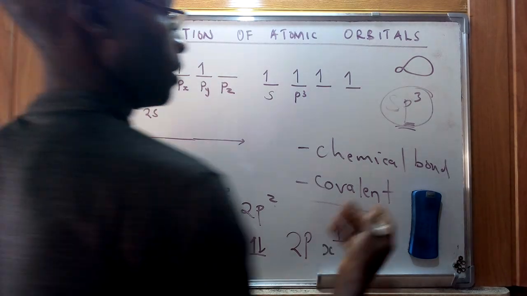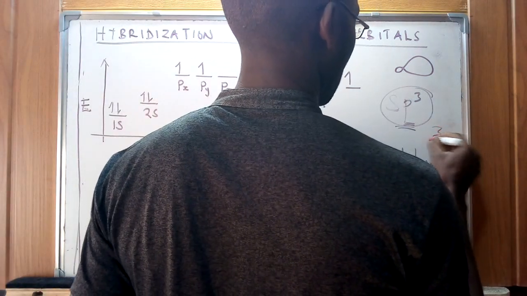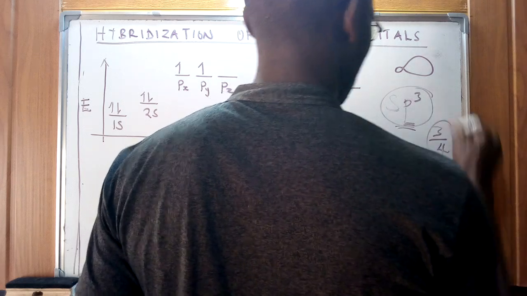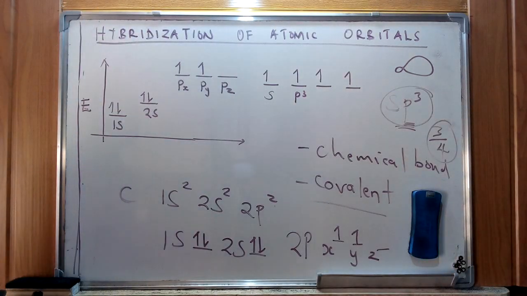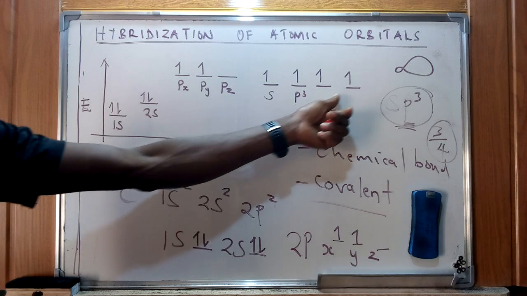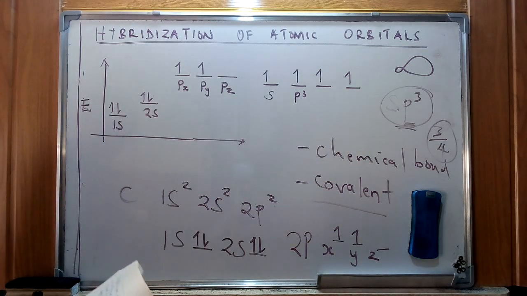In terms of quantifying it, around 3/4 of that shape is going to consist of the p orbitals, therefore giving it that particular shape.